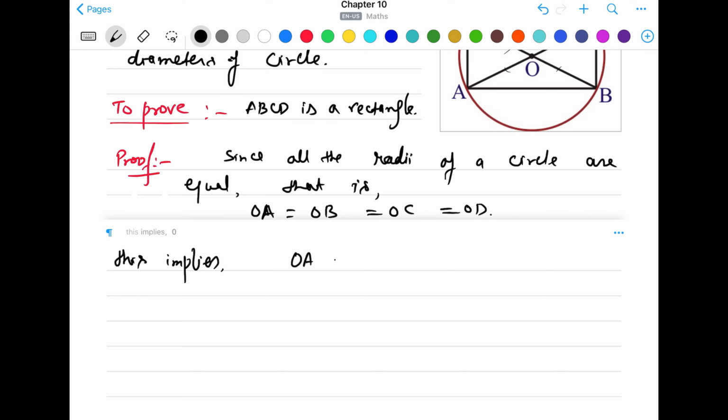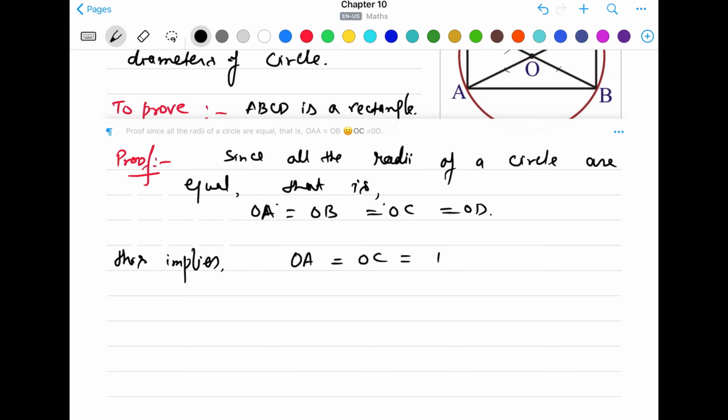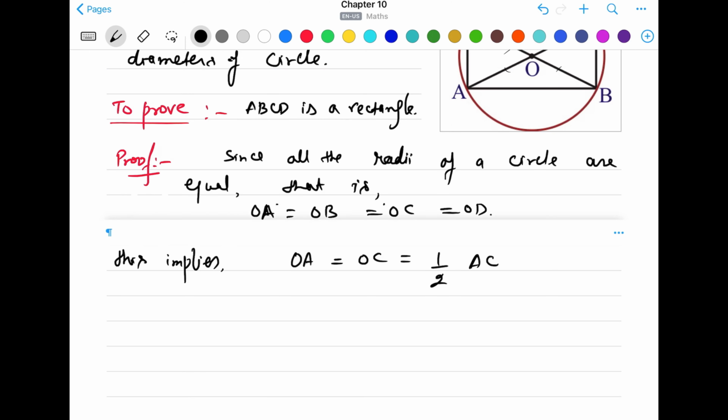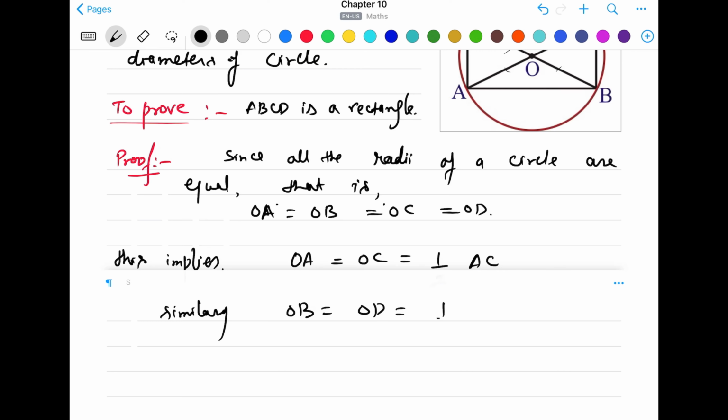that OA is equal to OC, so these two will also be equal, and this will be half of AC. Similarly, OB will be equal to OD, and this will be half of BD.